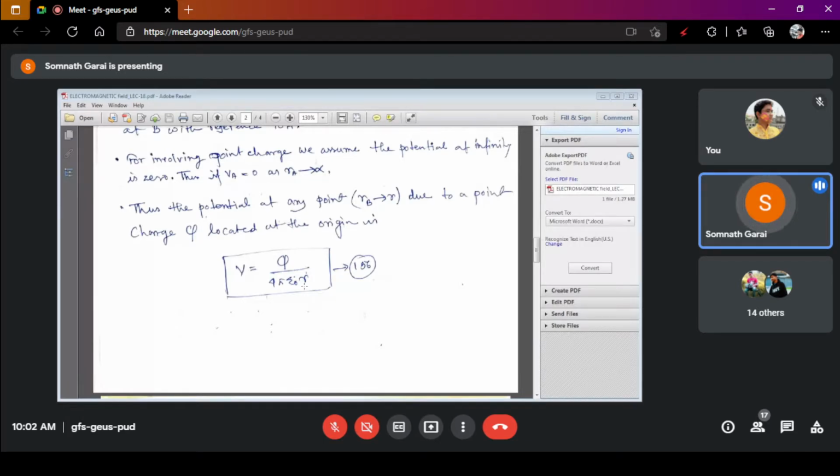This equation 156 denotes the potential difference, or potential at any point where one is at infinity and another is at a distance r. This is a very important relation of potential difference. Got my points?